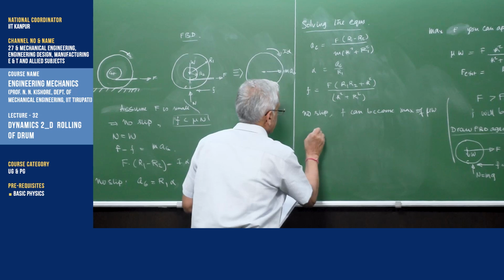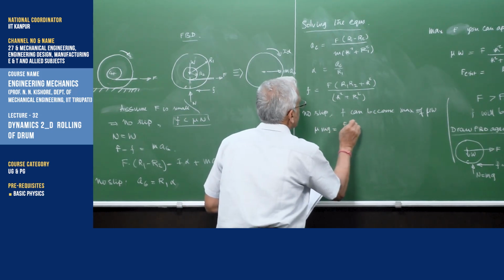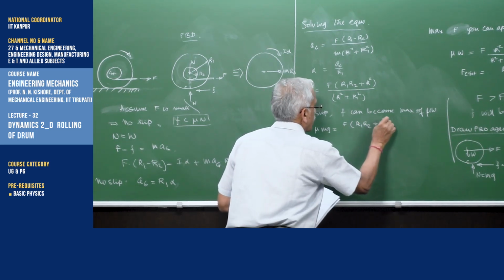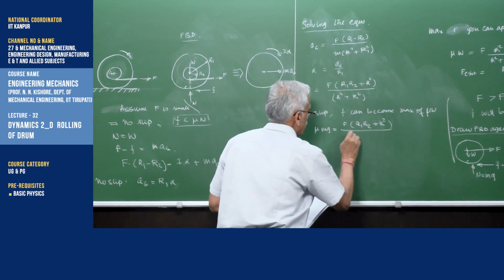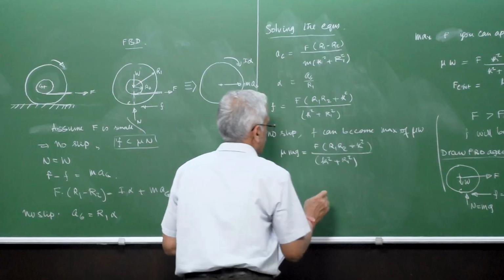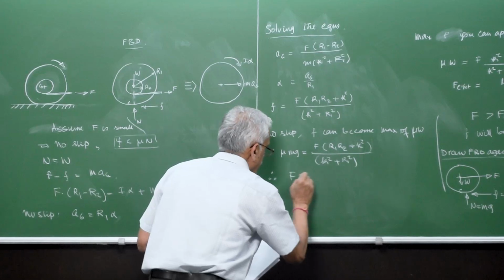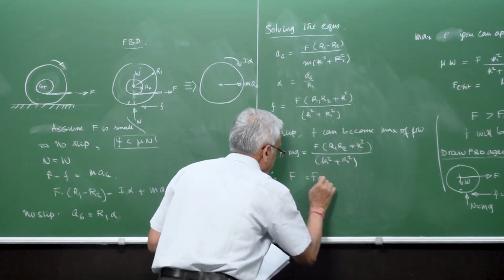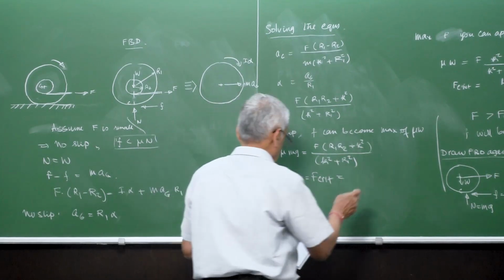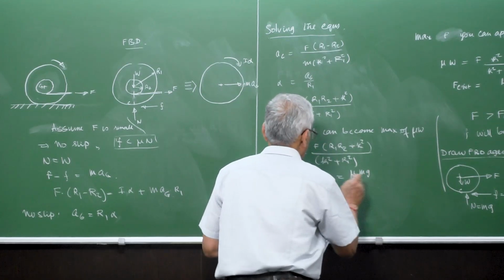So using that, we can calculate, so therefore F or F critical obviously will be mu times mg.